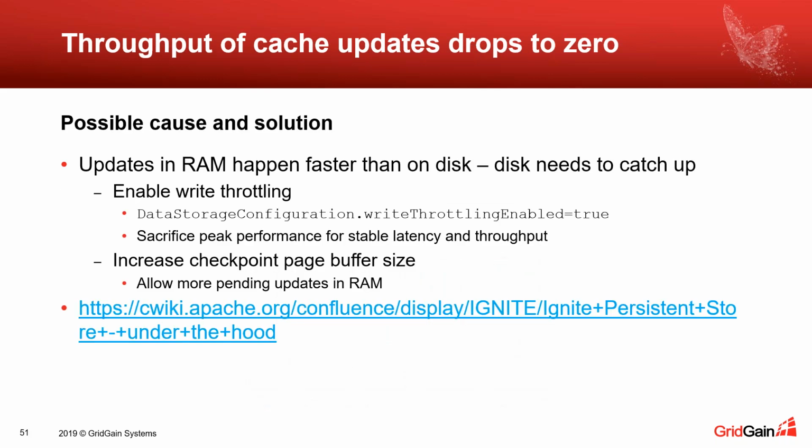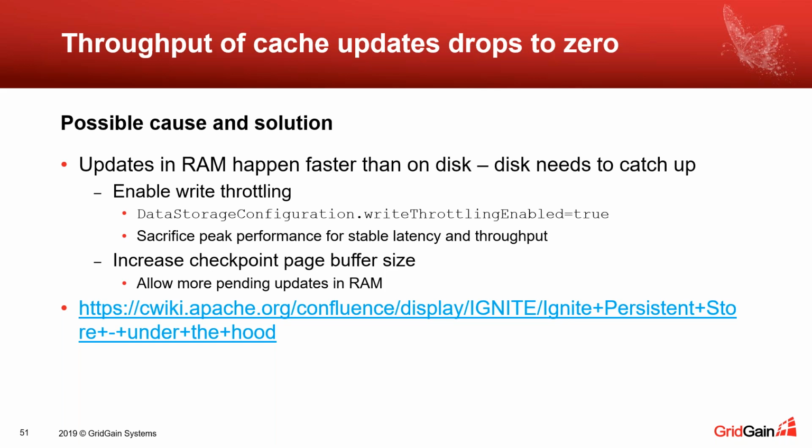Usually it happens because the updates happen too fast for the disk to process. So Ignite is a memory-centric system, and it writes to memory first, and then it writes to disk.